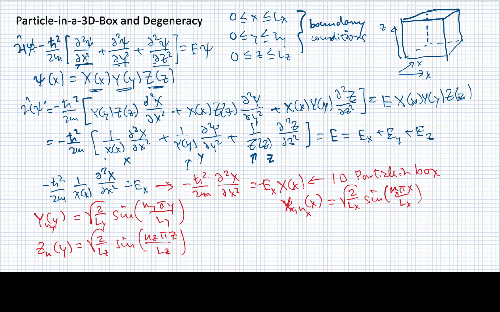So now when I put all this together, my overall wave function now has three of these quantum numbers.